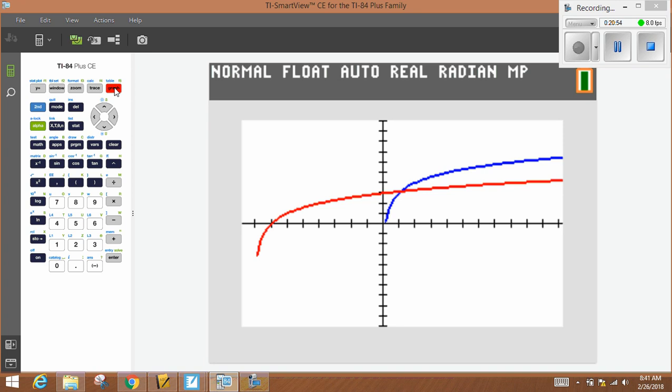Okay, so the blue is h of x, the red is k of x. What happened? The 8. Yeah, that's right. That's red.